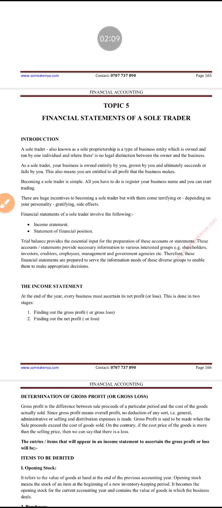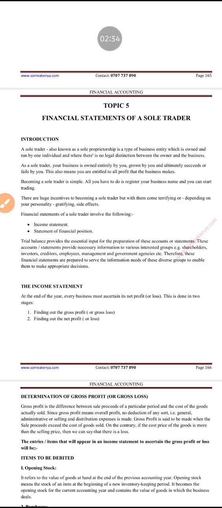These statements provide necessary information to various interested groups, e.g., shareholders, investors, creditors, employees, management, and government agencies. Remember, when we were discussing the users of financial statements, these are the interested parties or the users.